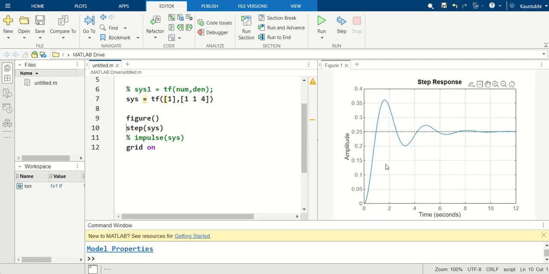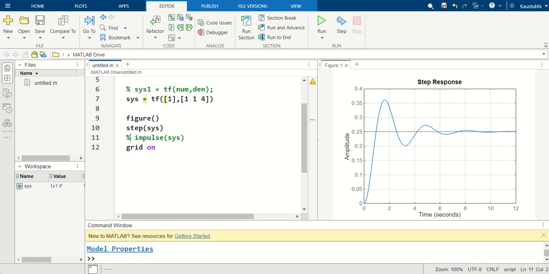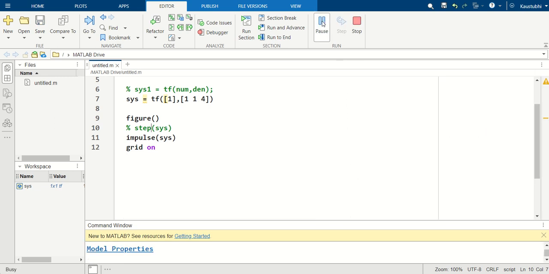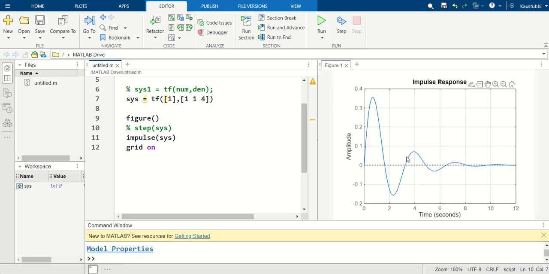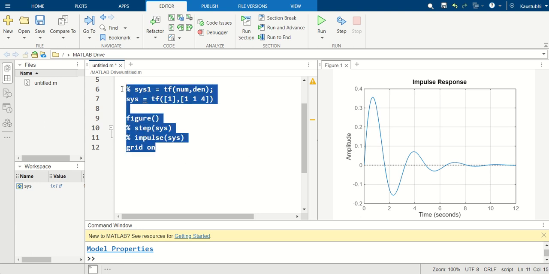If you want, you can put an impulse response also. I'll put it like this and comment the other, and once I run it, you get the impulse response. I'm not going to explain how the step response and impulse response look; we will do that later.